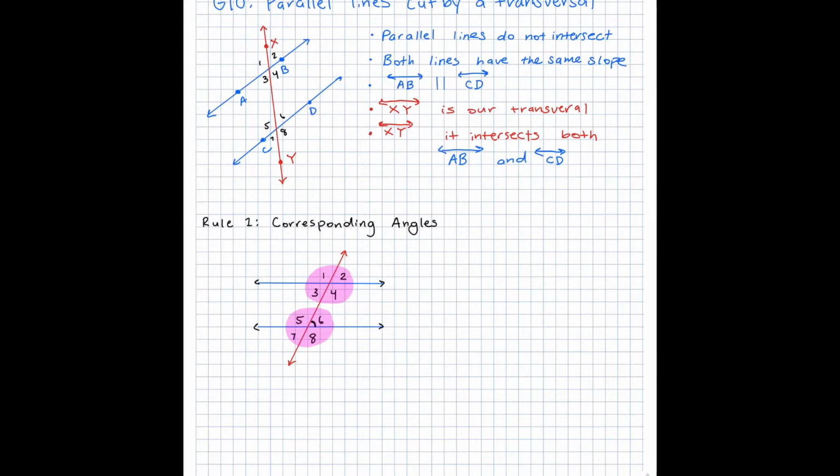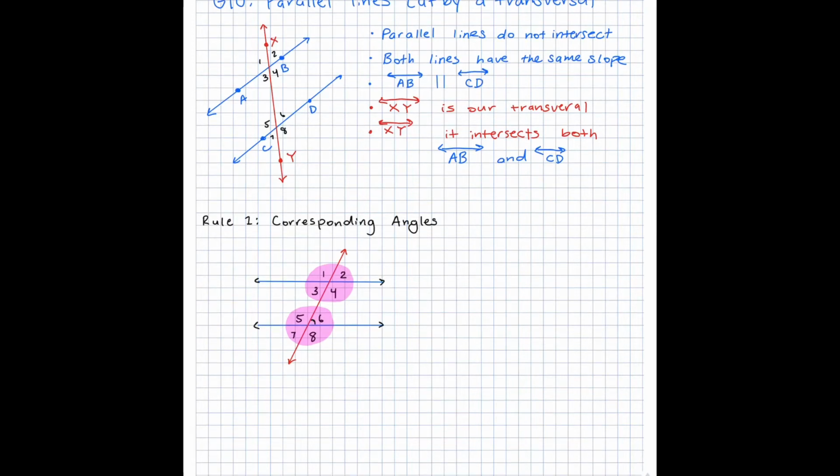So angle 6 hopefully should look like angle 2. Corresponding angles are the angles that look like one another. This is in the upper right hand side. This is in the upper right hand side. So what we know about corresponding angles is the measurements of these two angles are the same.